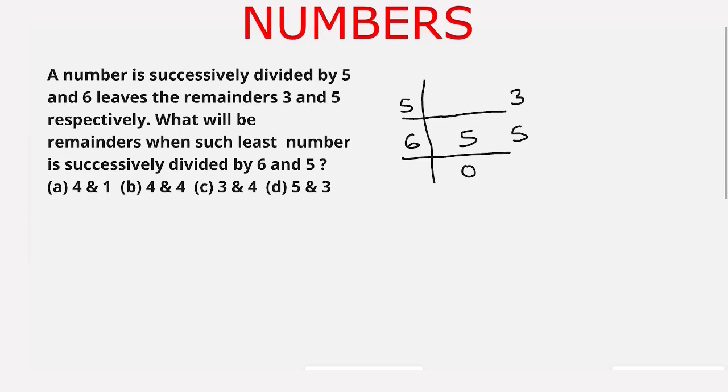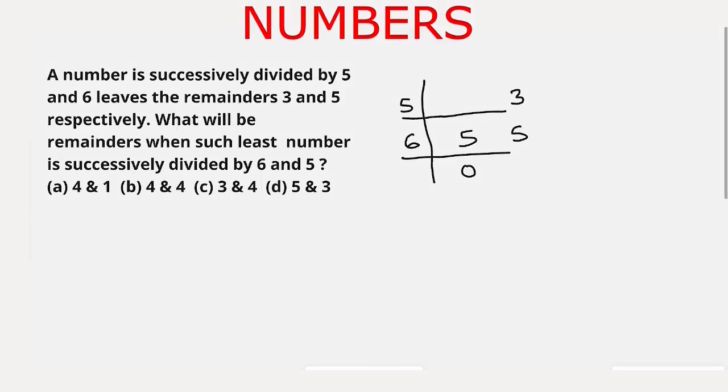The division algorithm says that the divisor multiplied by quotient plus remainder is the dividend. So the quotient is 0, divisor is 6, 6 multiplied by 0 is 0, plus remainder 5. So the dividend is 5.